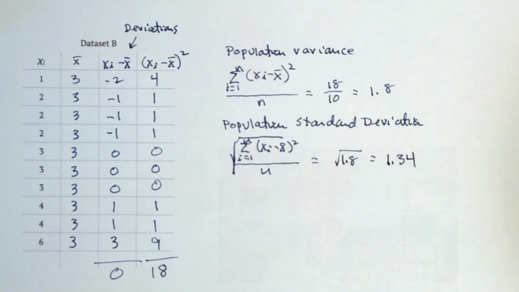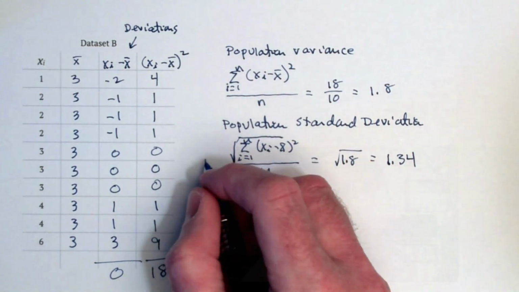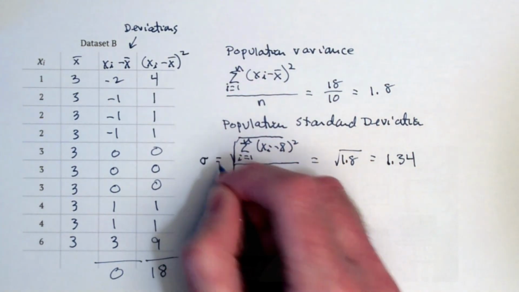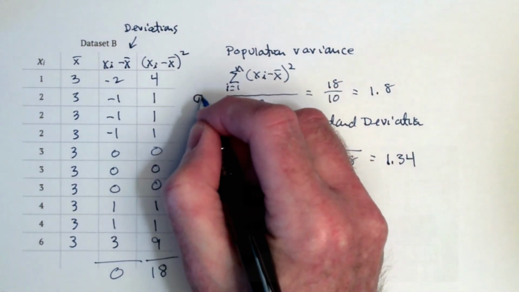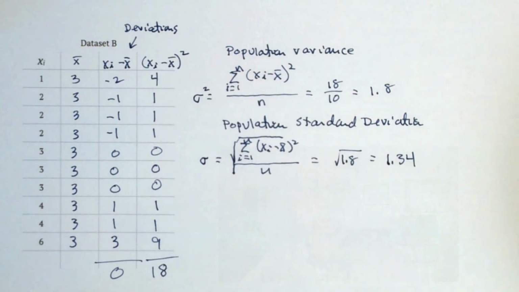So that's the population standard deviation. There's a symbol for this. It's a lowercase Greek sigma. And it would then only be logical that the symbol for the population variance would be the square of that sigma.